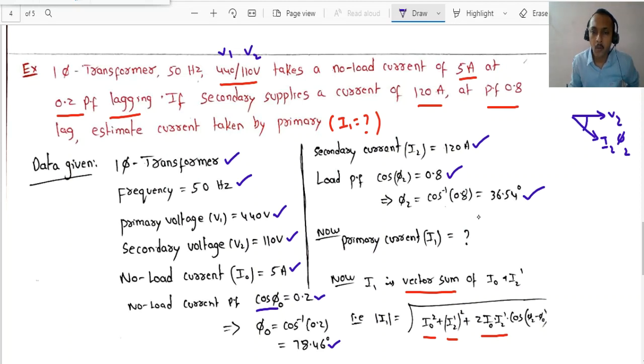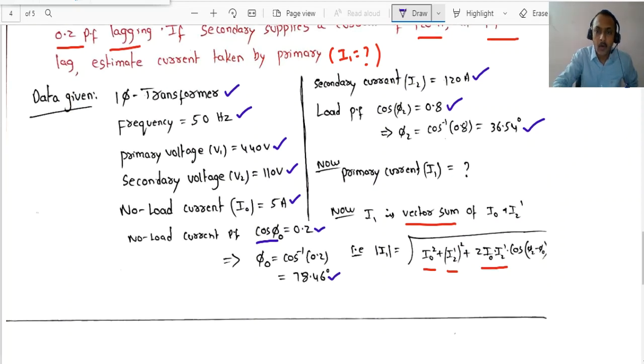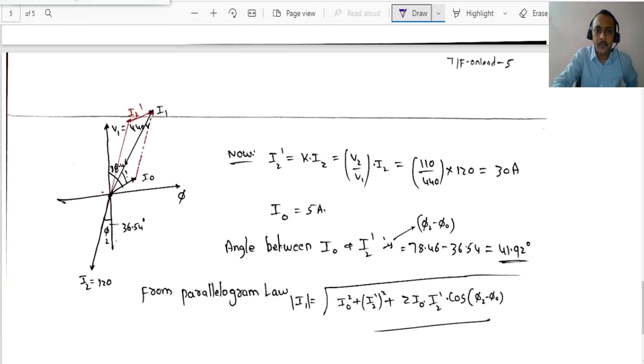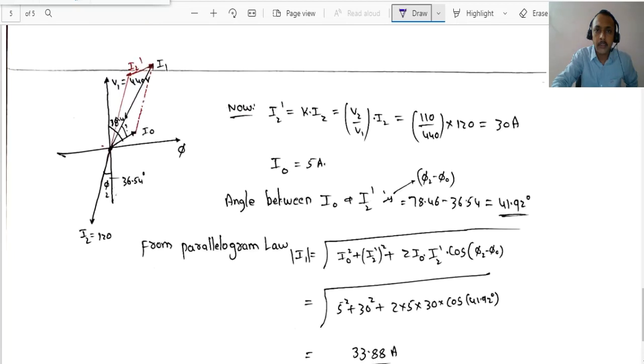Now primary current I1 equal to how much? It is a vector sum of I0 and I2 dash. But what about I2 dash? I2 dash is K times I2. K we already know: V2 by V1 equals K. So V2 by V1 into I2 equals 110 by 440 into 120. So I2 dash is 30 amps.